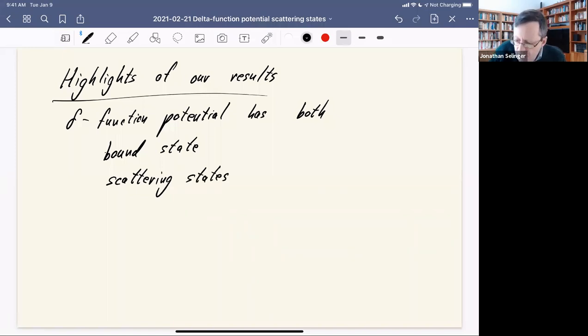And we know how many. It has exactly one bound state with a specified energy and a specified kappa, that is the length scale of how far away from the origin the particle can go. And it has infinitely many scattering states.